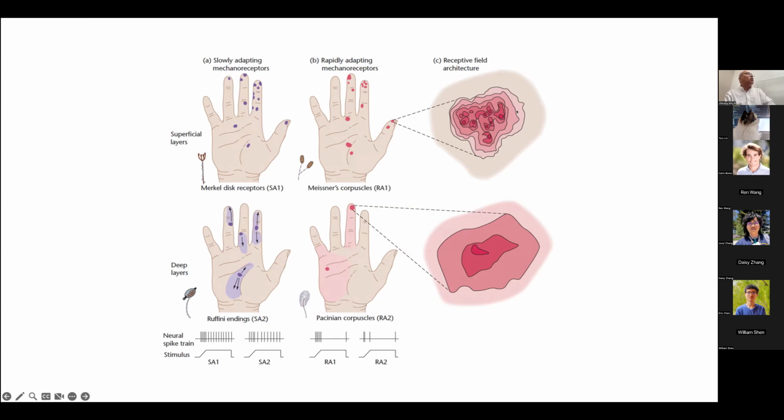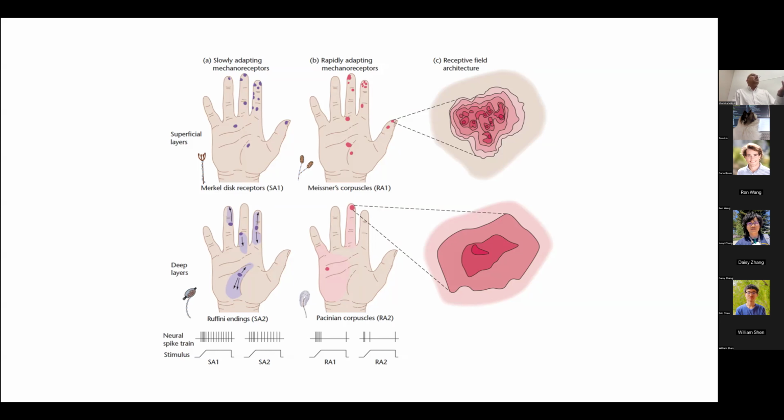They're all small. So they're quite acutely sensitive to something like the density of these; I think these Merkel receptors might be every 1 millimeter or so. Then the Ruffini endings and Pacinian corpuscles are deeper, lower down in the skin, and they have big receptive fields, as is shown in this figure.